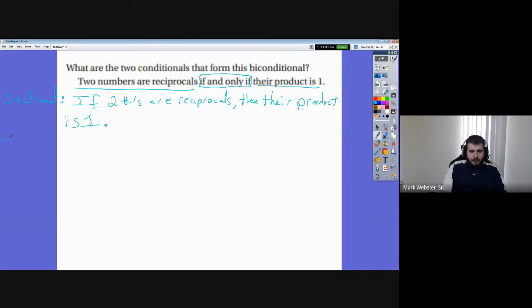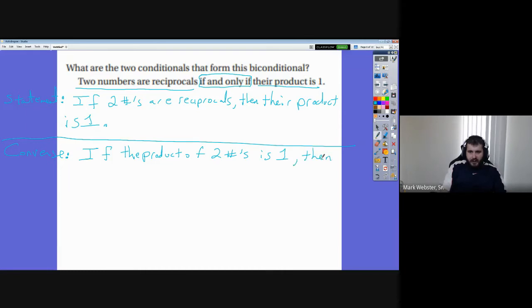And we're going to go the opposite way now. We did the statement. Now let's do the converse. So the converse, we're looking at just switching it around. Start with if the product of two numbers is 1, then they are reciprocals.